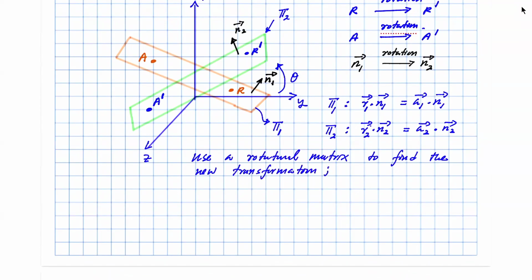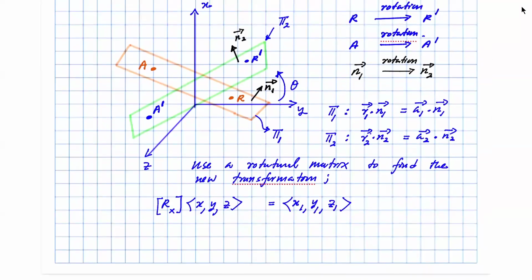This is how you do it. XYZ, that rotation in X is acting on that XYZ, then that's a rotational matrix. Then you get X1, Y1, Z1. So similarly, A and N do the same thing.